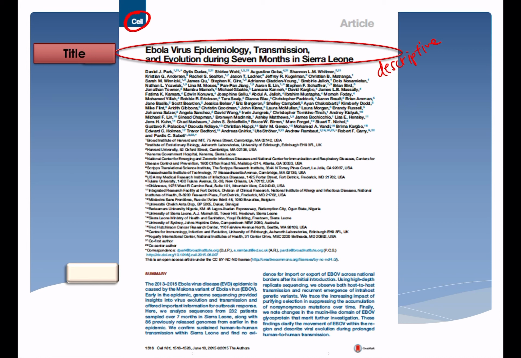Just from reading the title itself, you have a slight idea what the paper is going to be about. You know the subject, which is Ebola virus, what they're trying to study about the subject, which is epidemiology, transmission, and evolution of the virus. For how long? For 7 months. And where it was studied?